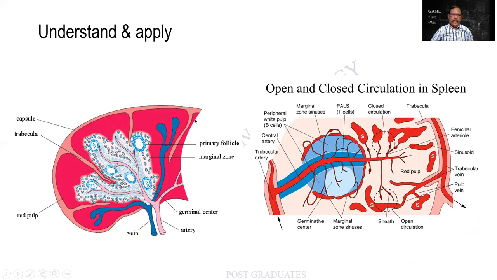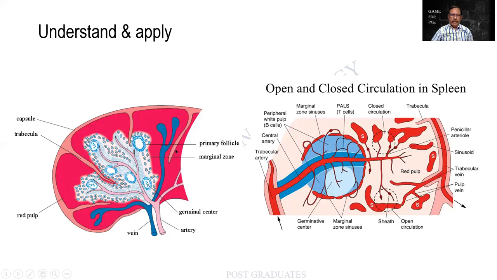This is a diagrammatic or schematic picture of the spleen, which you can make use of when you take the classes for the undergraduates. There is a capsule, and then there are depressions from the capsule called the trabeculae.